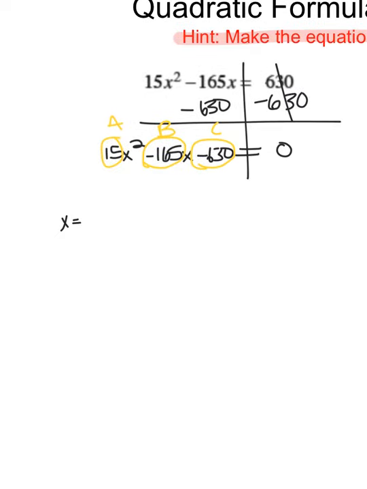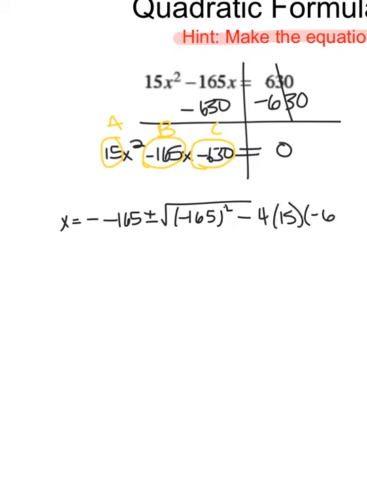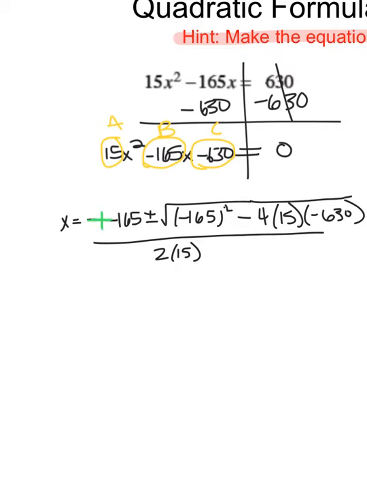X equals negative b, negative 165, plus or minus square root b squared minus 4ac, all over 2a. Reminder that negative in the front is just like doing a positive.